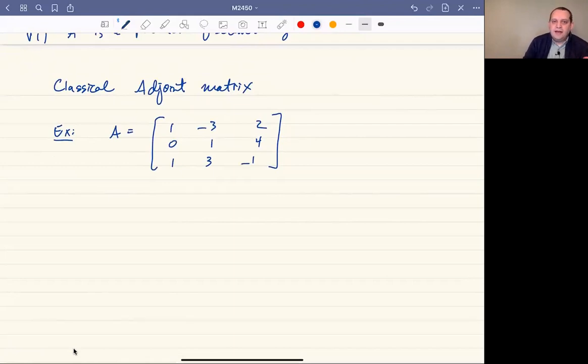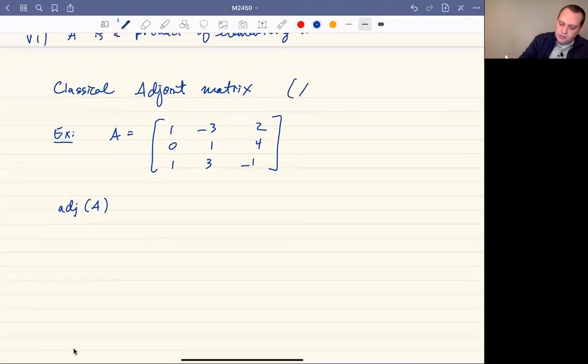The classical adjoint matrix, which I'll write as the adjoint of A, is sometimes also called the adjugate matrix.